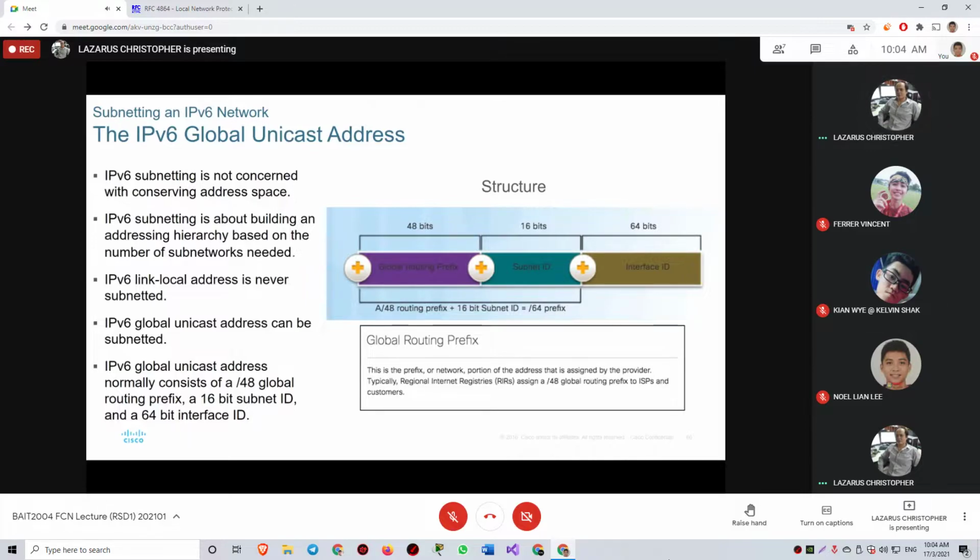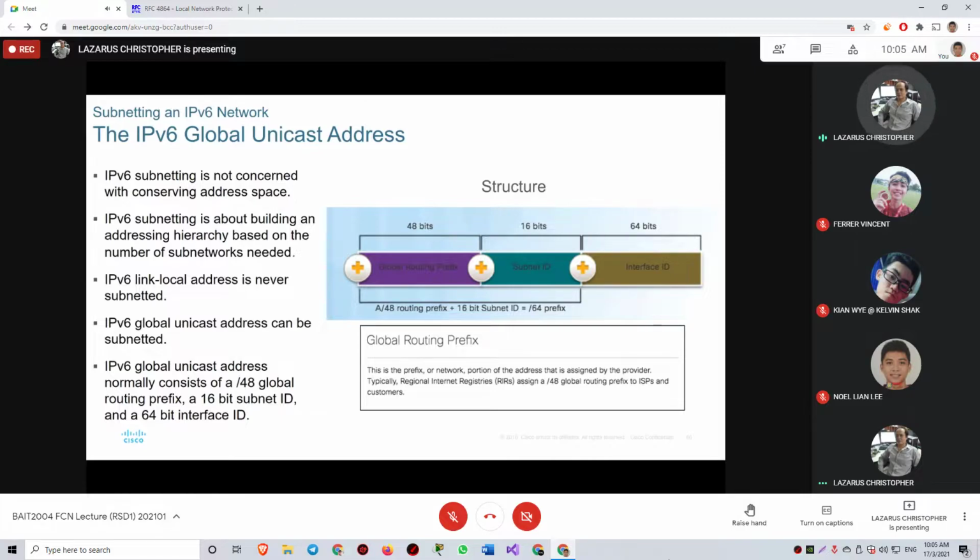You can see the prefix is 64, divided between 48 bits, 16 bits, and then 64 bits for the interface ID. So the network part is the 48 plus 16 bits, making this a slash 64 prefix. The 48 bits are provided by your ISP, and the subnet ID is created by you, the organization, to differentiate subnets.